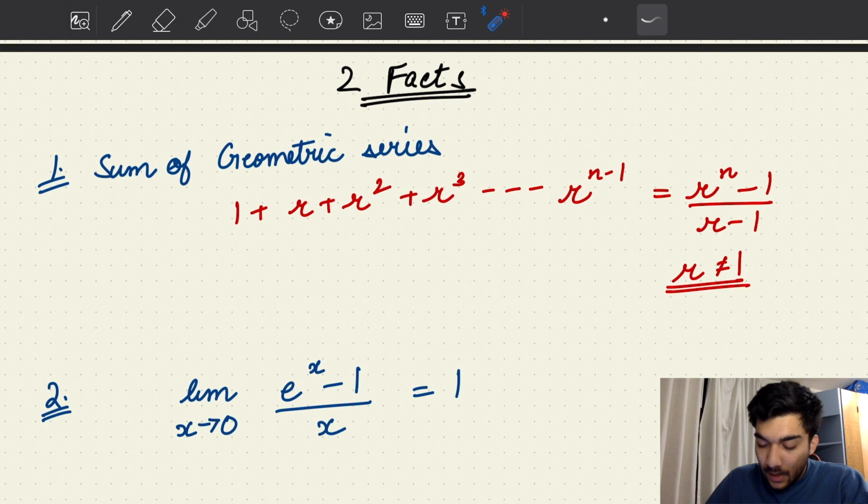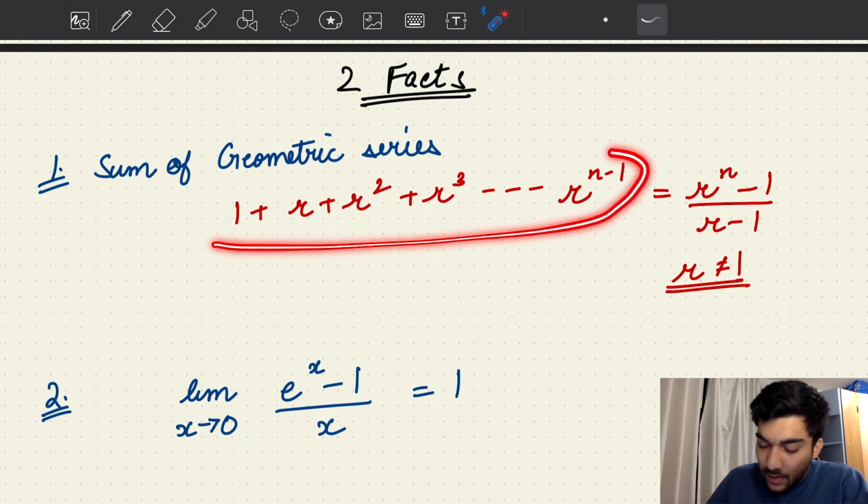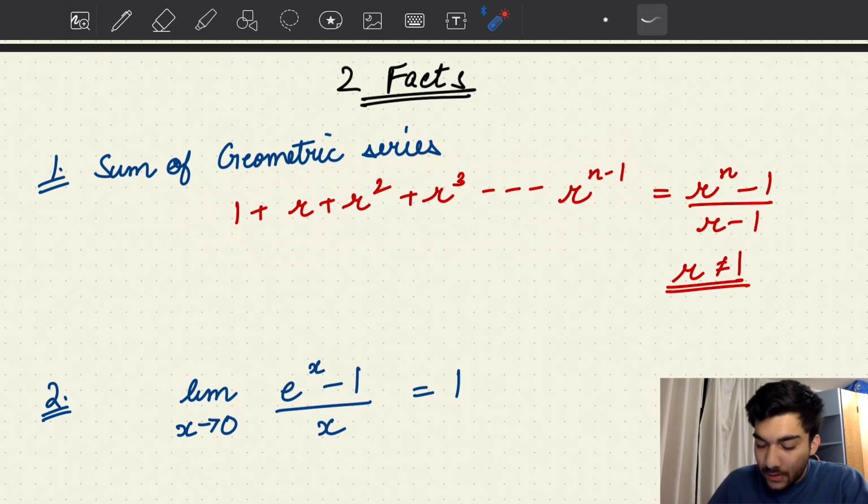Based on this geometric series, 1 plus r plus r square, and so on until r raised to power n minus 1, the sum is equal to the formula you see on the right, which is r raised to power n minus 1 divided by r minus 1, given the condition that r is not equal to 1, because if r is equal to 1, the denominator becomes 0 and the sum would not exist.